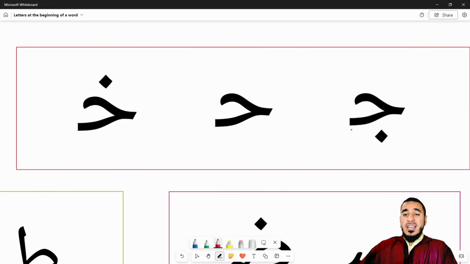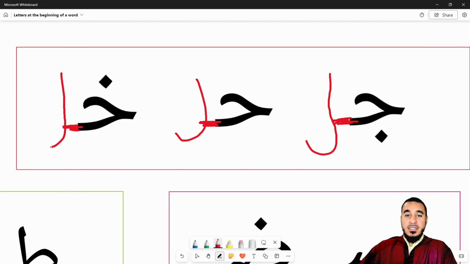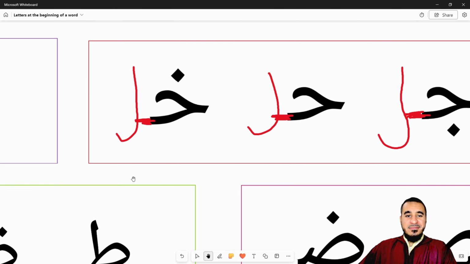So that the jim can physically attach to the next letter here, the ha can physically attach to the next letter here, and the kha will physically attach to the next letter here. So again, we could just attach the lam to the end of each of these letters. Apologies, handwriting's not the best today.